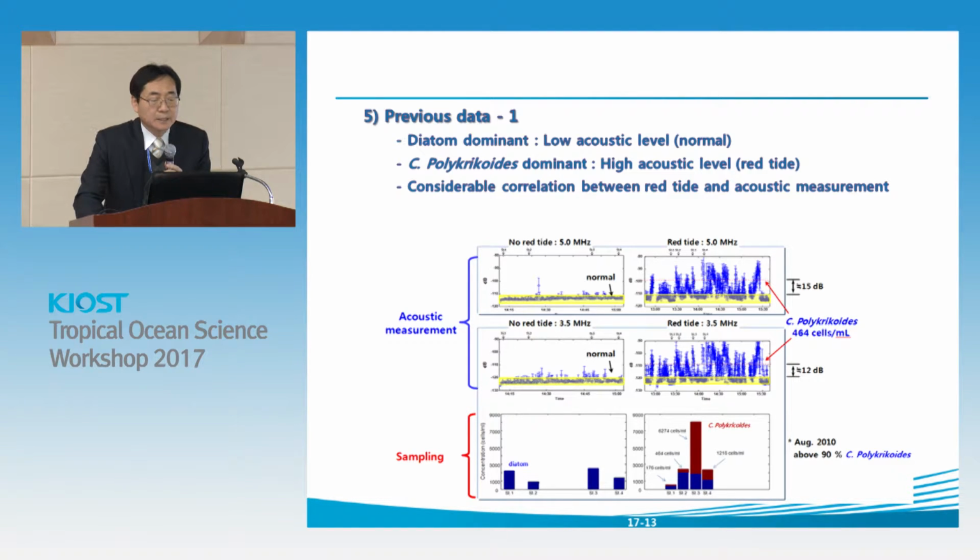Yeah, and then this is the acoustic measurement and the real sampling data, and we compared this one with a diatom. So this is the red tide species, and we tested whether this sensor can distinguish diatom and red tide species.